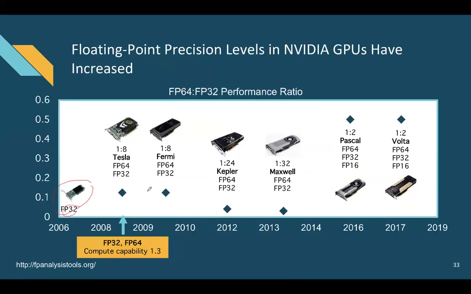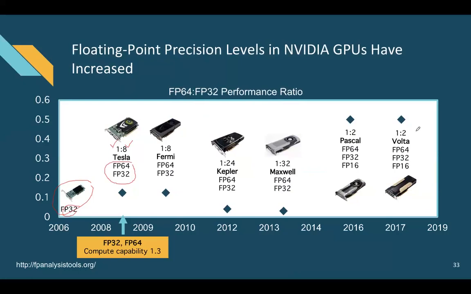Then in about compute capability 1.3, they started supporting 2 levels, double precision and single precision. But the ratio of double to single was relatively low. So you could do 1 operation in double versus 8 operations in single. Later on, we saw architectures that had an even lower ratio.